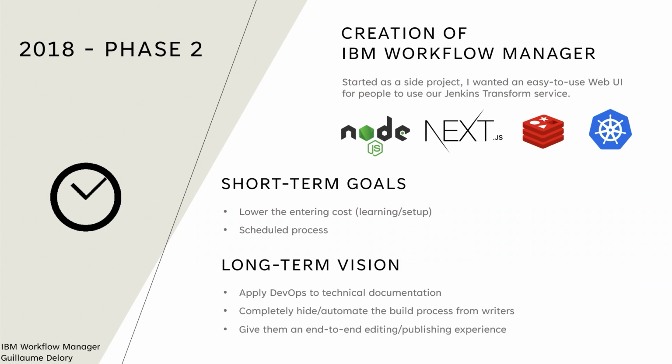So the short-term goal was really to overcome the limitations of Jenkins, which is a bit complicated. And also, if you don't want to deal with Jenkins, you still had to install the command line tool to start transforms. So the goal was to lower the learning curve and remove the setup. Everyone could contribute easily. You just had to open the link, and you had everything set up already. You didn't have to install it too.